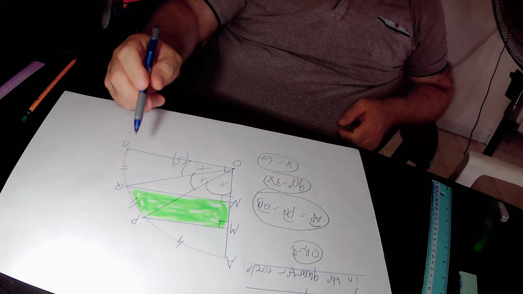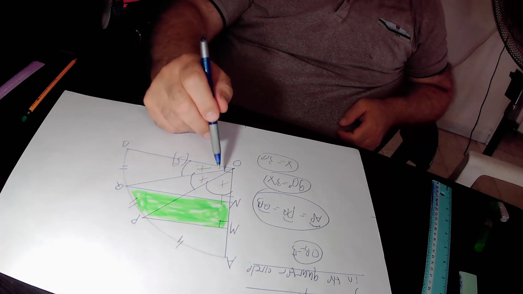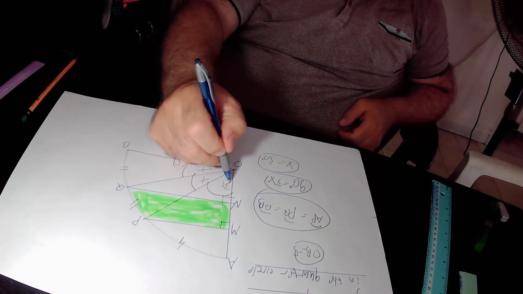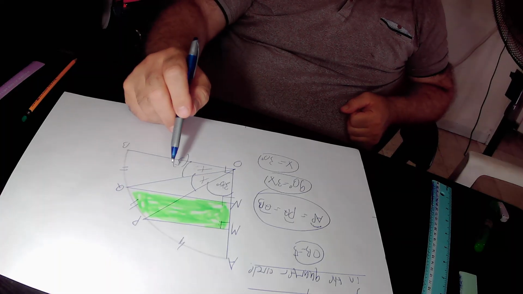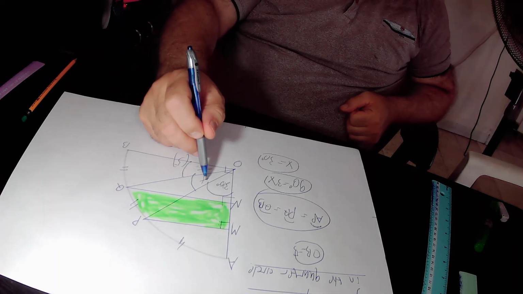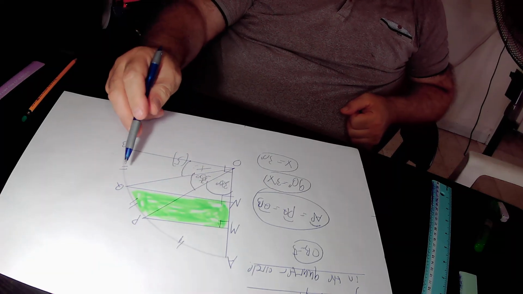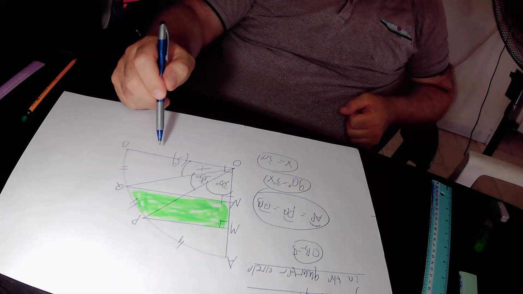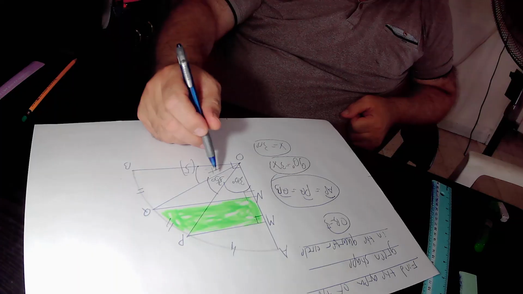So the angle AOP, that is equal to x, is equal to 30 degrees in size. Angle POQ, that is also equal to x, is also equal to 30 degrees in size. And finally, angle QOB is equal to x, also equal to 30 degrees in size.